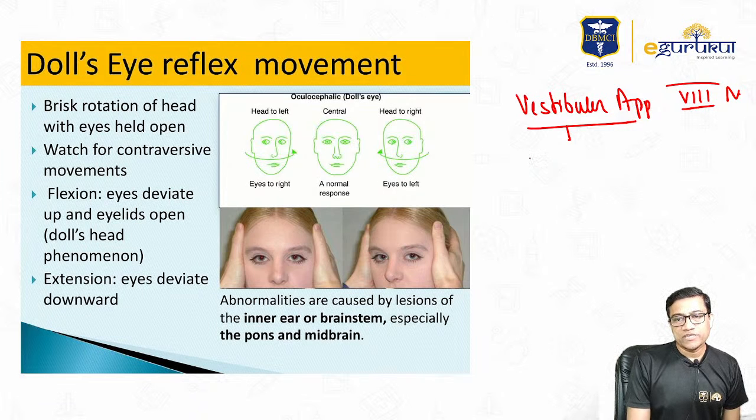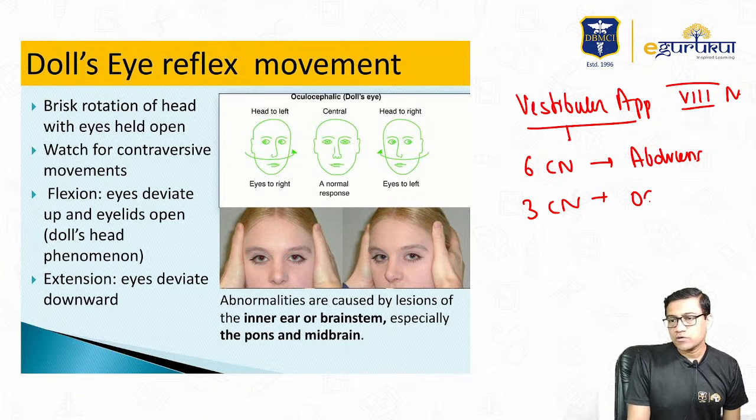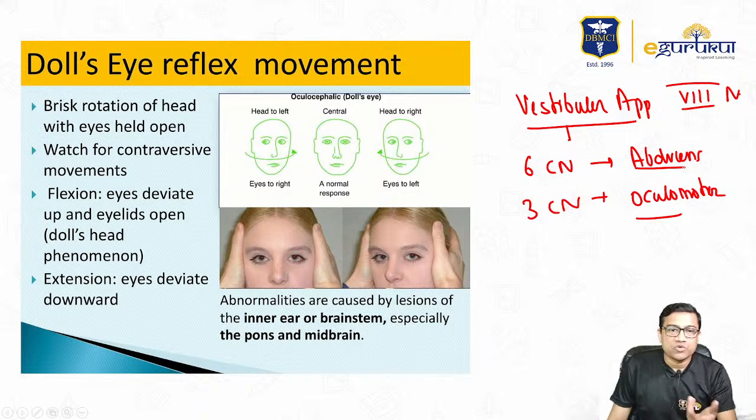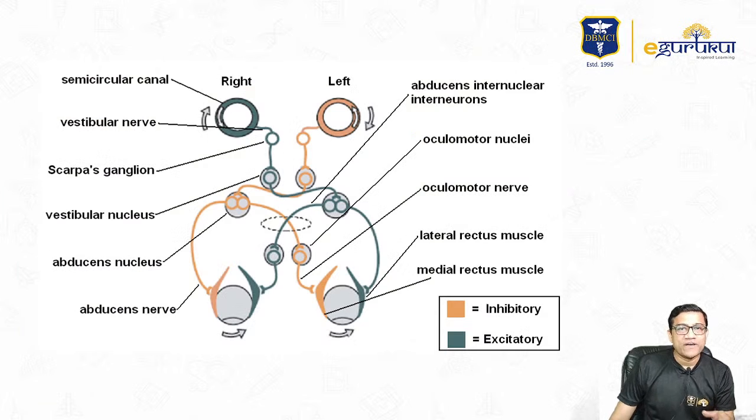Which one? The sixth nerve, which is abducens supply, and the third cranial nerve, which is oculomotor. So these are the nerves which are needed. We don't need the trochlear nerve, that is, superior oblique is not needed here. So that's why this is the pathway.